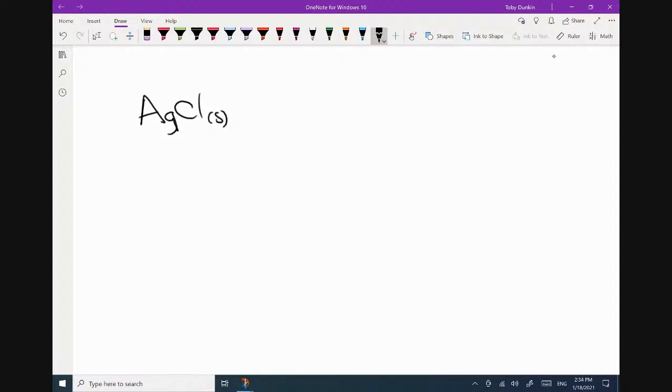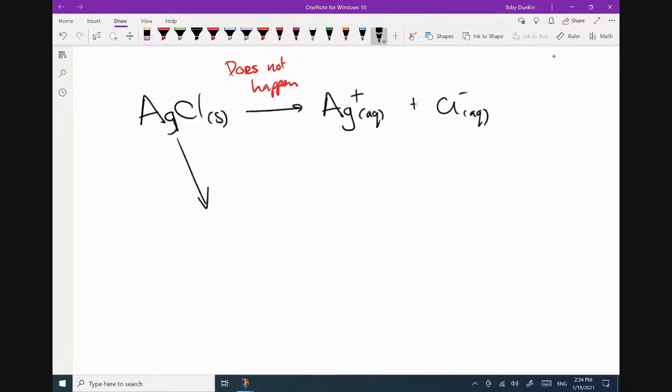So we know that Ag plus to Cl minus does not happen in this room, because we know it's insoluble due to chemical tests. So what we now need to do is prove why.